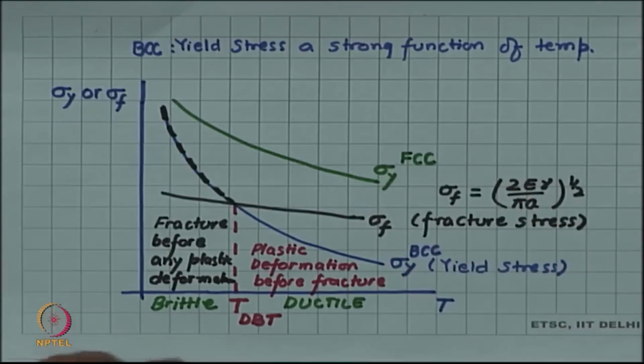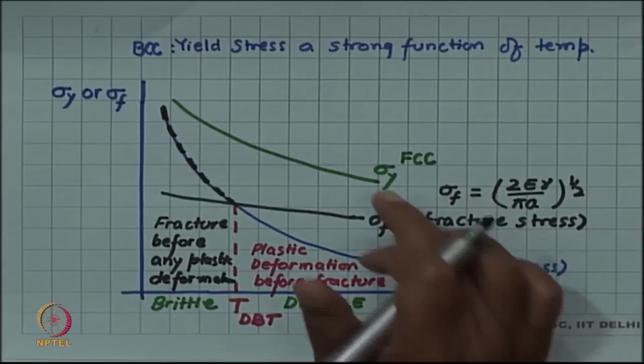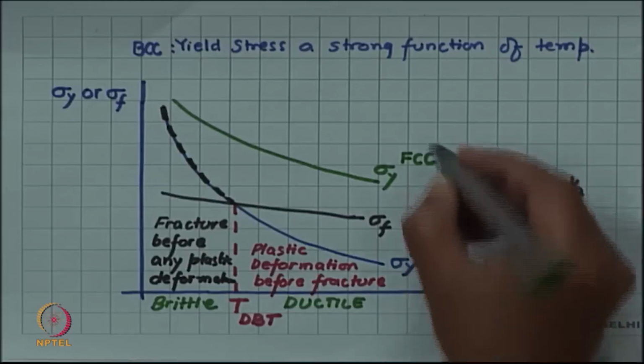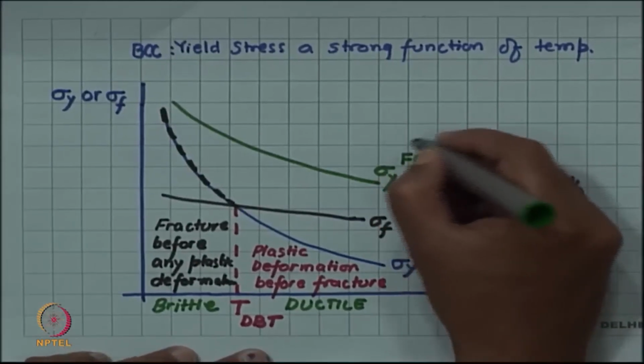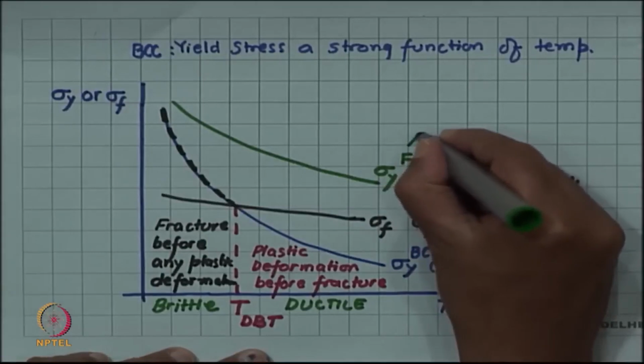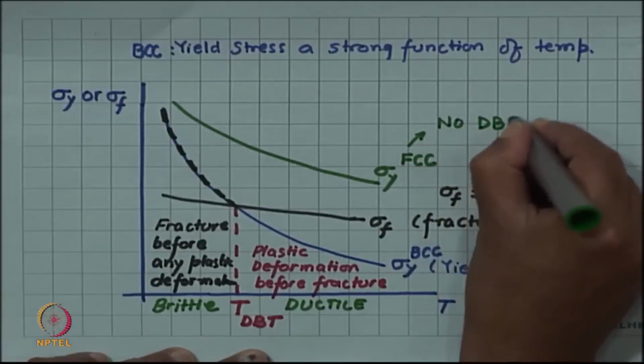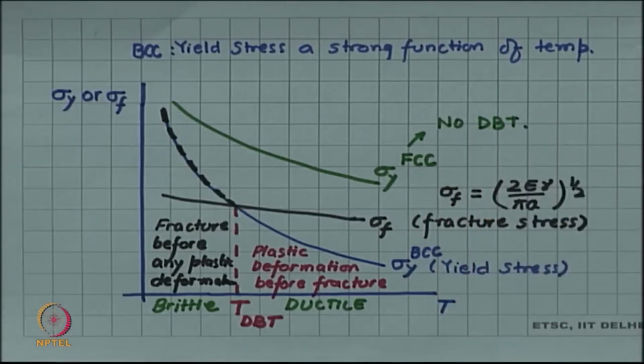So, FCC materials in general do not show a very strong dependence of yield stress on temperature. So, there may not be any intersection between yield stress and the fracture stress. So, they will not show any ductile brittle transition.